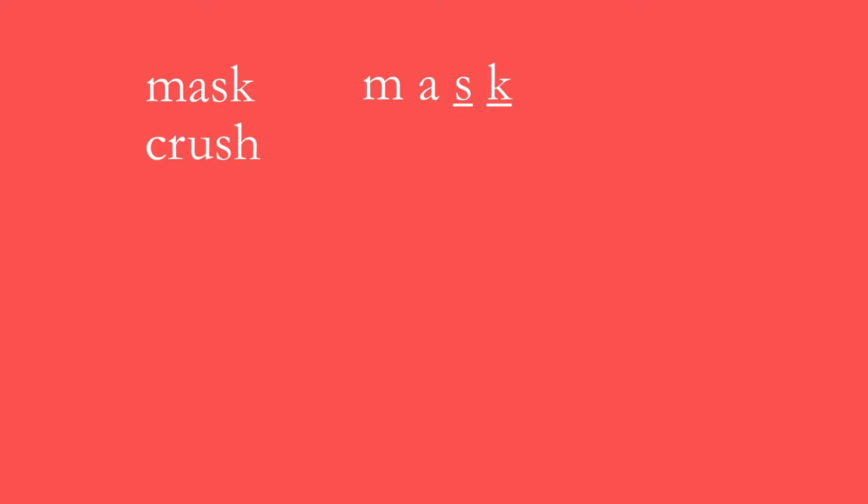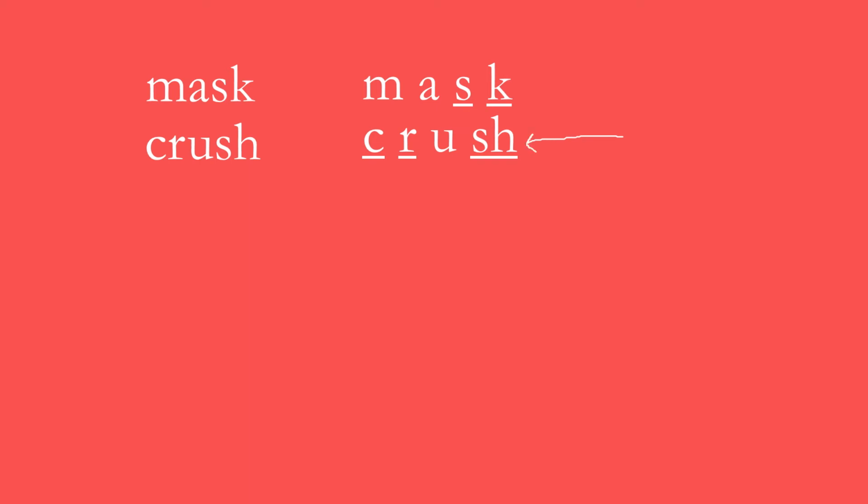Can you read this? Crush. Let's take a look at this one. If we look at the beginning, we have C and R, two consonants that make up a blend. Cr. I can hear the C and the R. So because it's a blend, you give it two lines, and because SH is a digraph, it gets one underline.